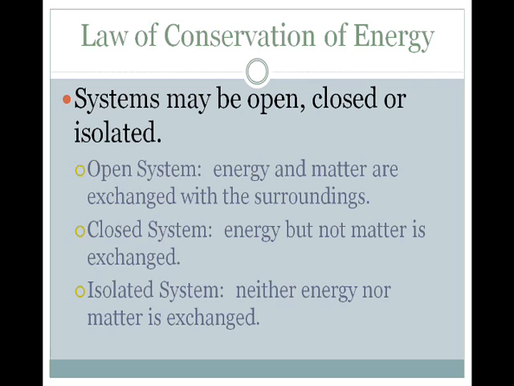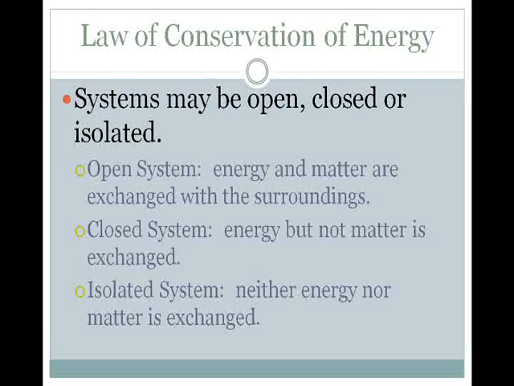So I kind of think about it like a classroom being closed or open. If our classroom has the door open, we would consider that an open system. Energy and matter can go in and out, in and out. Now, a closed system, when we have our door closed and locked, energy can leave and come, like our light from our classroom can actually go underneath the door and be seen from the hallway, right? Or light or sound can come from the hallway into our room underneath the door.